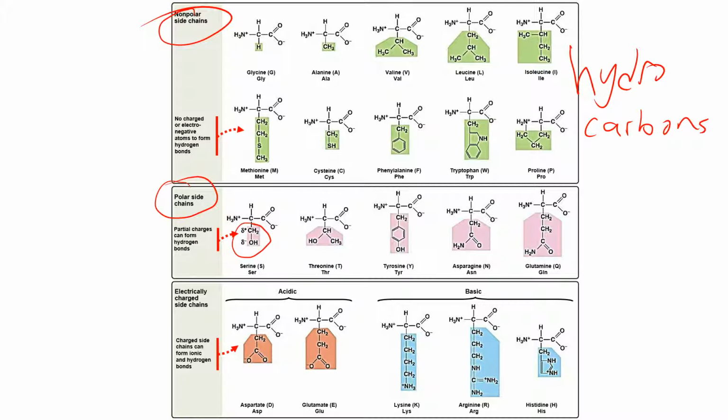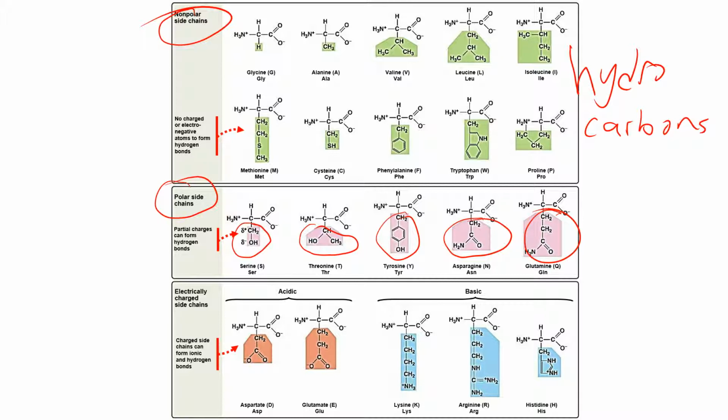Again, oxygen, hydrogen, polar R group. Nitrogen, oxygen, polar R group. Remember that oxygen and nitrogen are more highly electronegative than carbon or hydrogen.